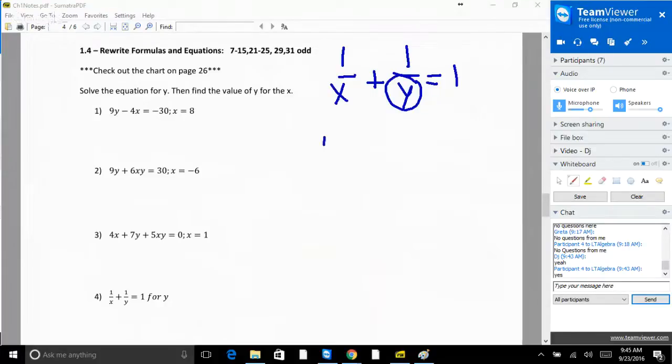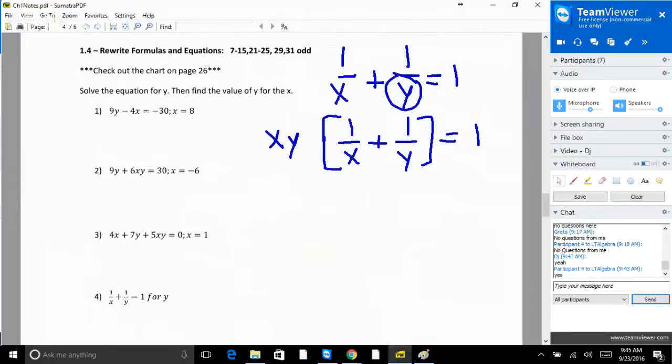So I think it's easier to actually do it and then see how that helps you out. So I'm multiplying everything on the left by the lowest common denominator, and I have to multiply that on the right too.